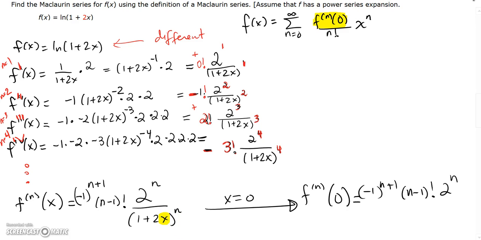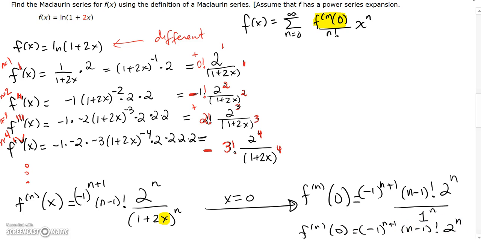So it looks like I end up with 2 times 0. That makes that go away, just I guess a 1 to the n in the denominator. So who cares about the 1 to the n? That means I pretty much have my nth derivative at 0 as this guy.